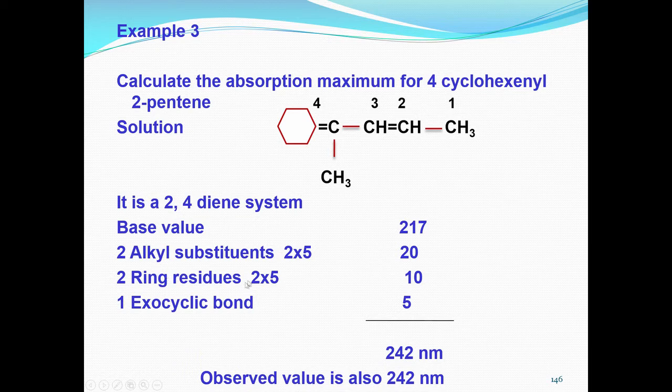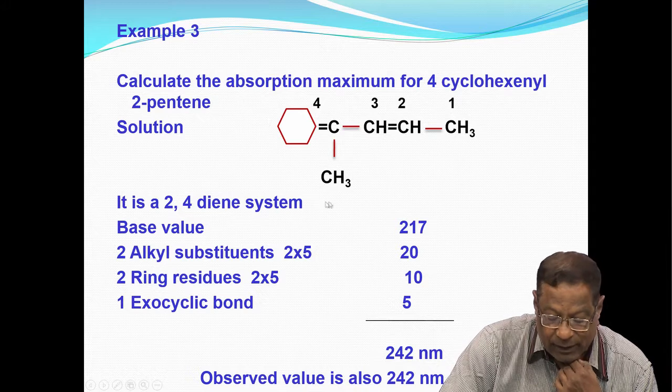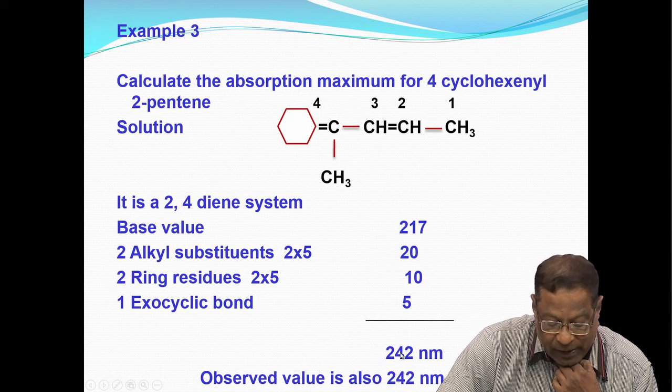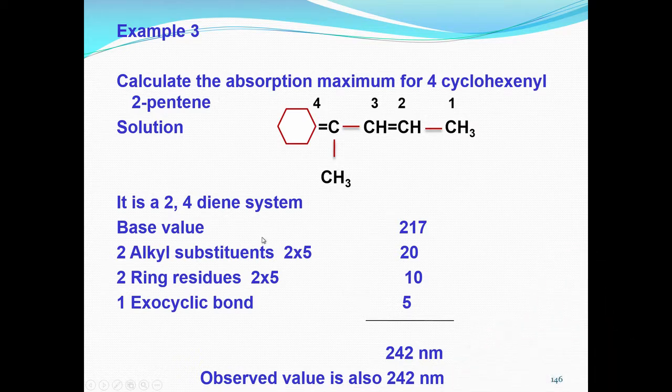There are 2 ring residues, one is this and another is this. 2 alkyl substituents, that is 5, 10, and 2 ring residues, that is another 10. 1 exocyclic double bond attached to this ring. If you add up all this, it will be 242 nanometers, and the observed value is 242 nanometers, matching exactly what we are observing.